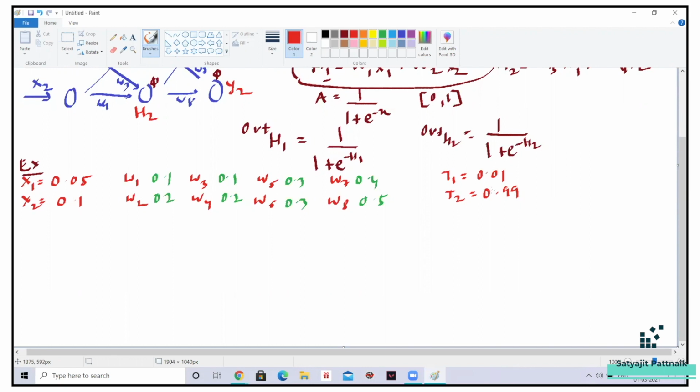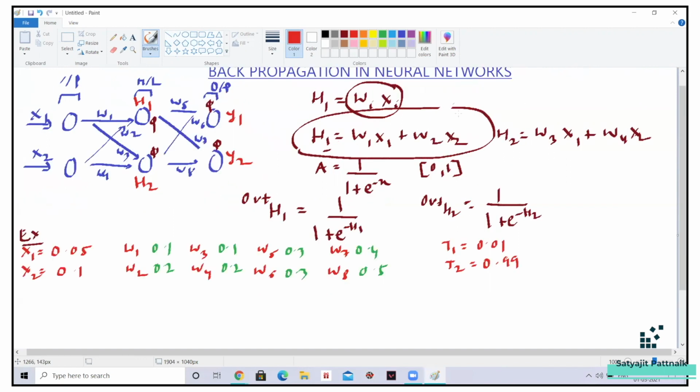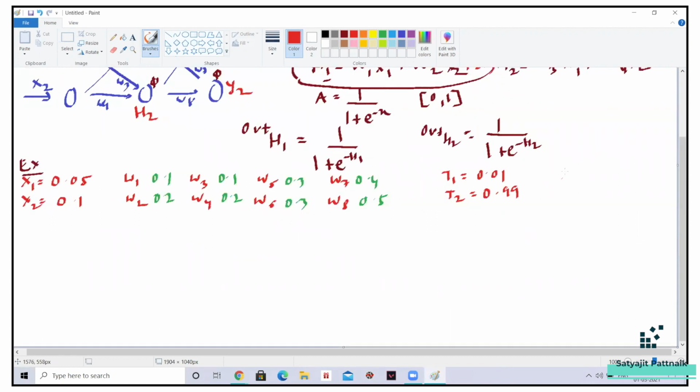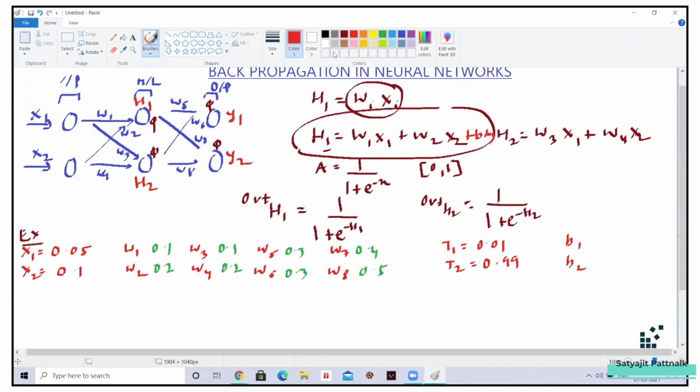And we also know that there is a bias associated, right? The normal formula of a neural network is WiXi plus bias. So I will also add the bias. Let's say I have B1 and B2. We have B1 here and we have B2 here.